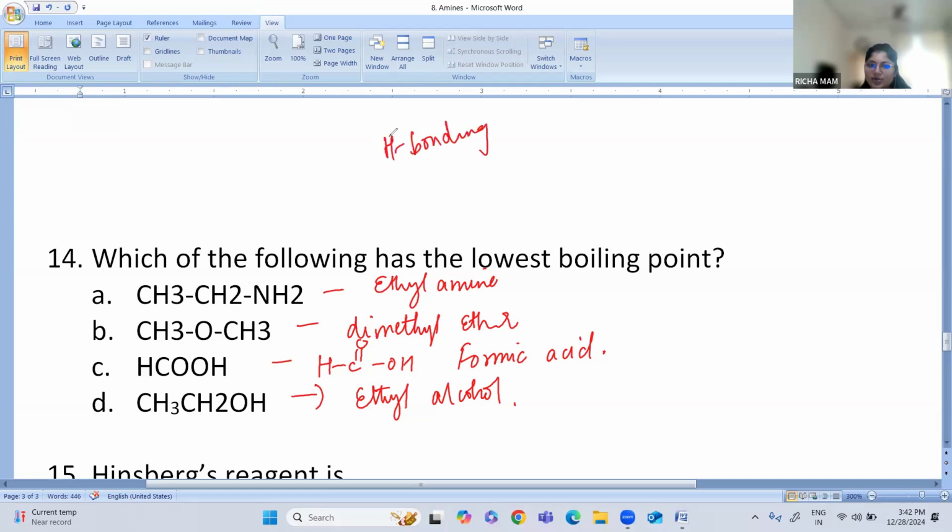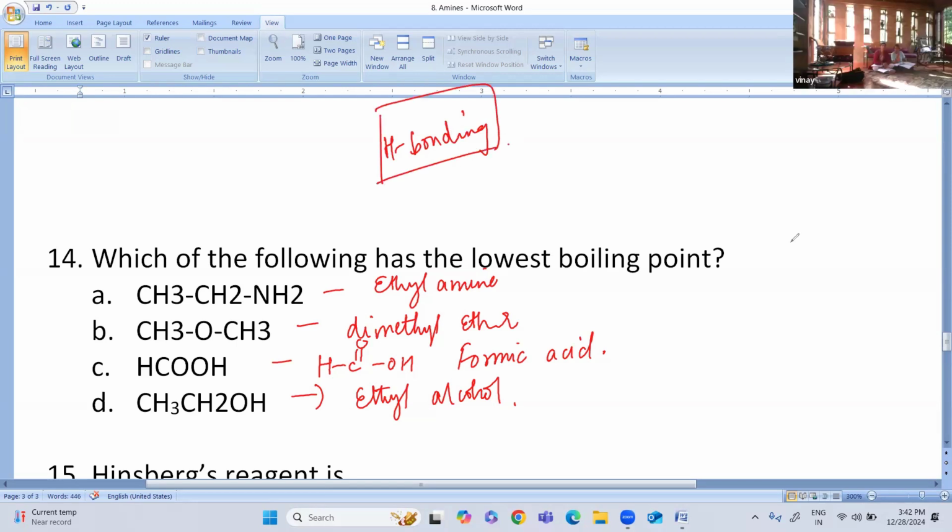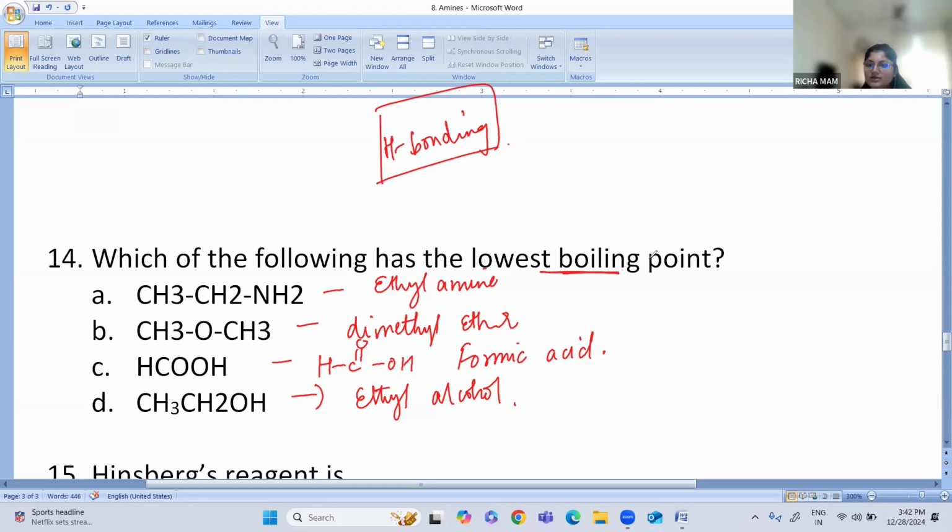Lowest boiling point means the formation of hydrogen bonding is a little difficult. In which case is that so? In your ether, dimethyl ether. Due to the absence of hydrogen bonding, it will have the lowest boiling point.